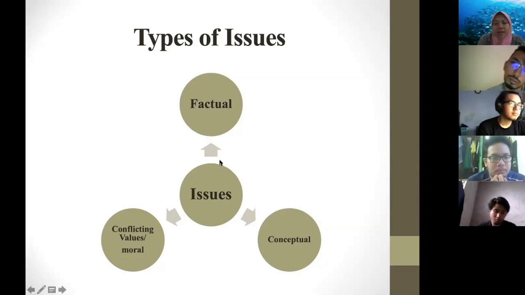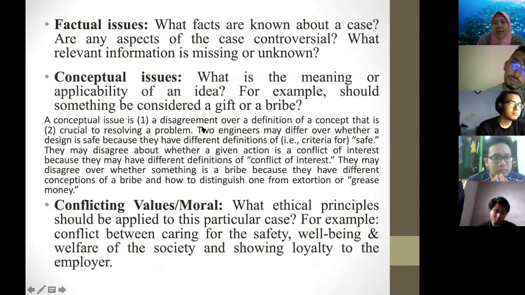So what are these three? Factual, I guess you can read here. Factual means, and I keep emphasizing this. I remember last class I emphasized it, and still the students got it wrong. I don't know why. Maybe the students didn't pay attention or didn't come to class.